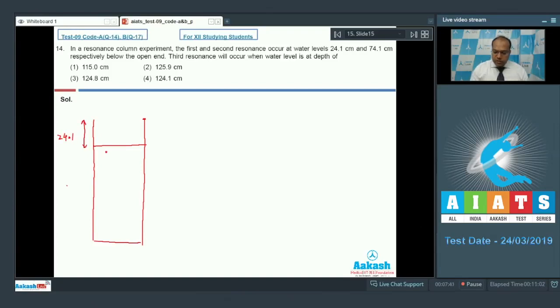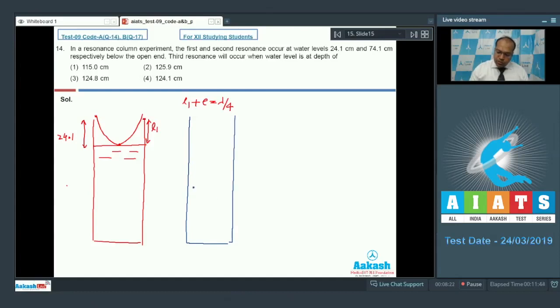So in this case the water is filled in this, and the antinode will form here and the node will form here, and the fundamental mode of vibration is this. So if this length is L1, then in that situation we can write L1 plus e is equal to lambda by 4. Now in the case of second resonance, the arrangement is like this.